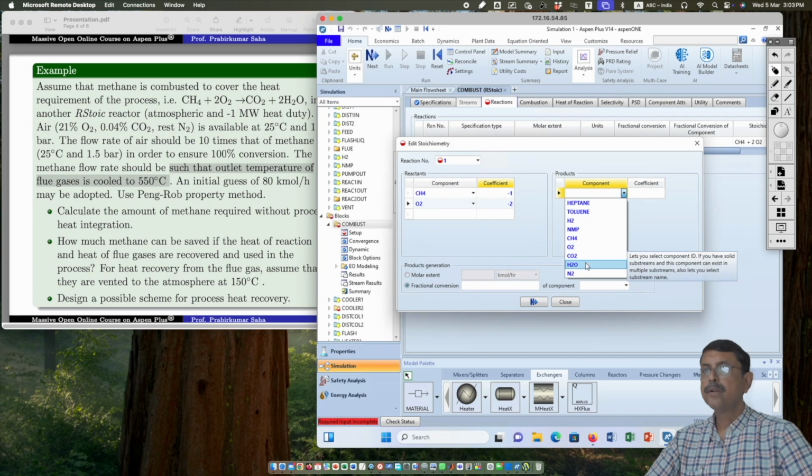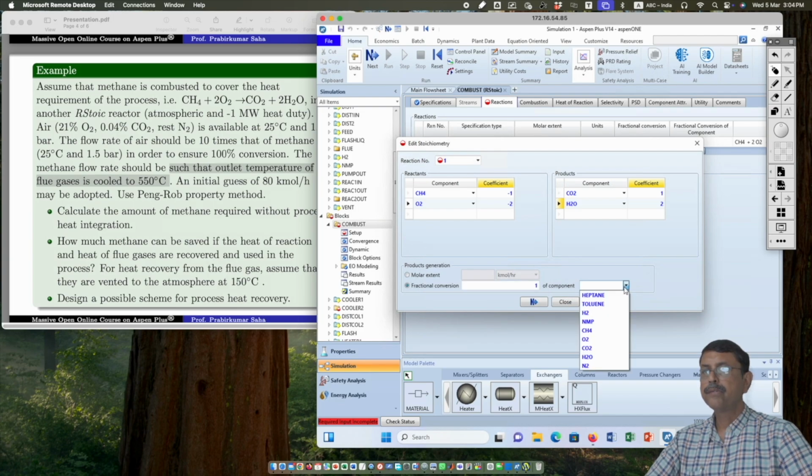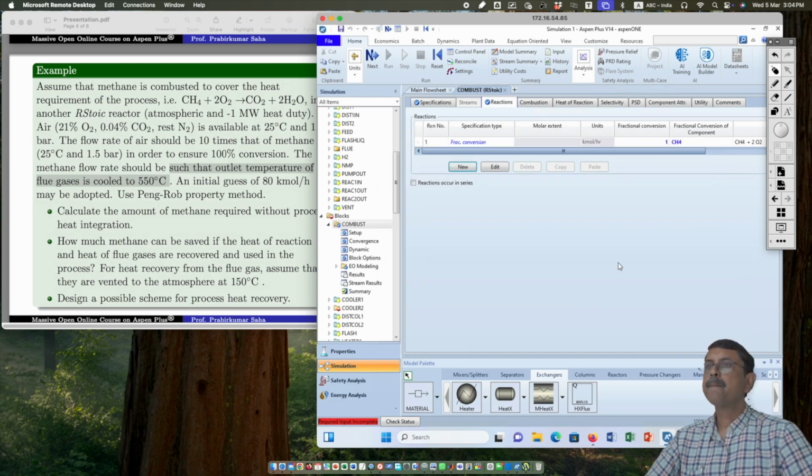So carbon dioxide and water also in 1:2 ratio. And the conversion is 100% because we are providing excess air in order to ensure the 100% conversion. So this block is done.